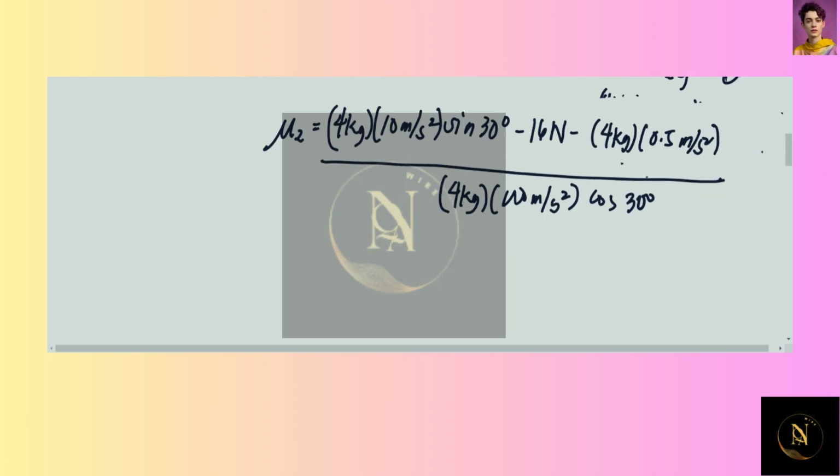Solving this equation, the answer is mu sub 2 is equal to 0.06.